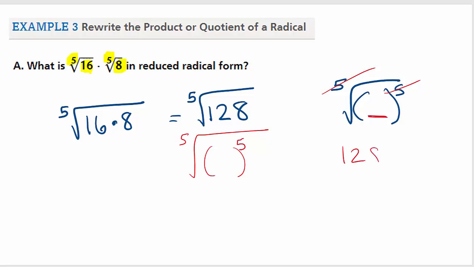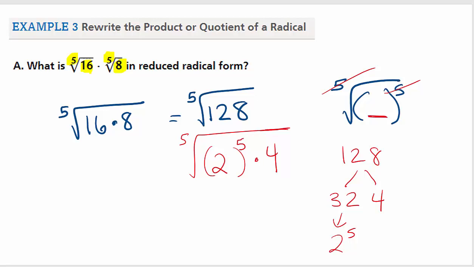Well, 128 can be broken down into 32 times 4, and why 32 is important is because 32 is the same as 2 to the 5th. So I'm going to change this to be 2 to the 5th times 4. Both are still under that 5th root radical.